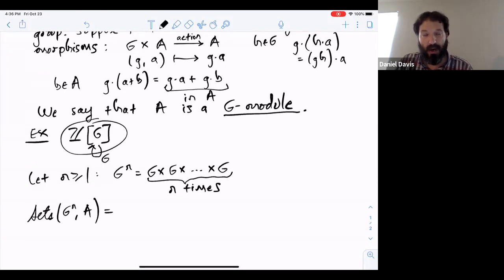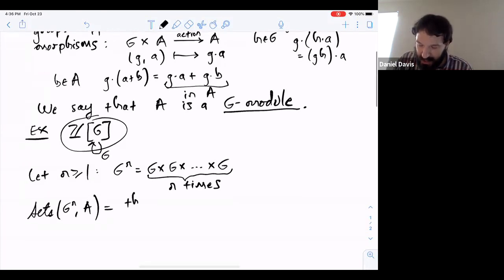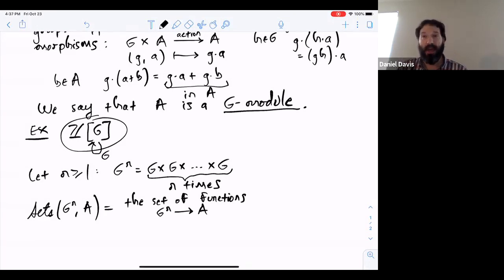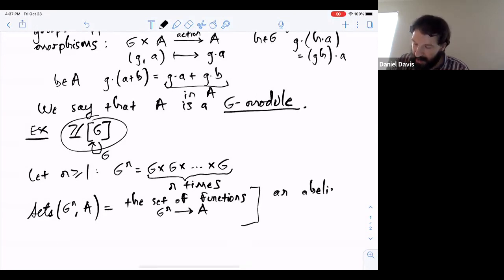What we mean by this is the set of all functions, so just the set of functions from G^n into A. Okay, and it turns out that since A is an abelian group, this is an abelian group. Okay, so for every n greater than or equal to 1, this set has the structure of an abelian group.